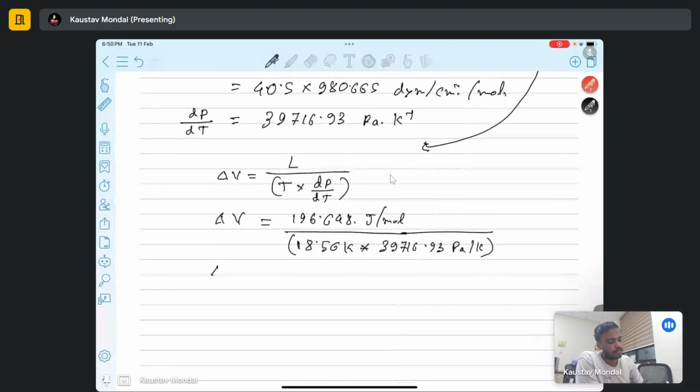Now if you simply do all this calculation, you will get 0.000269 meter cube per mole.